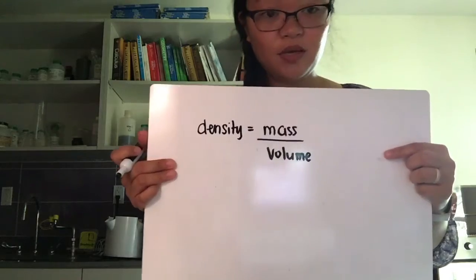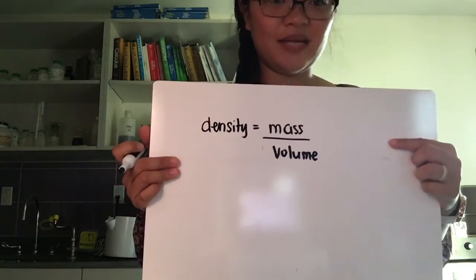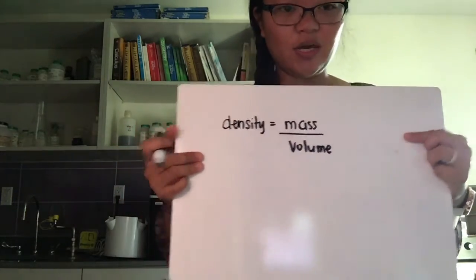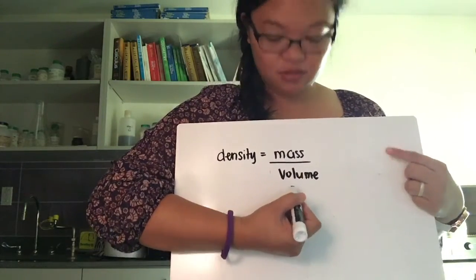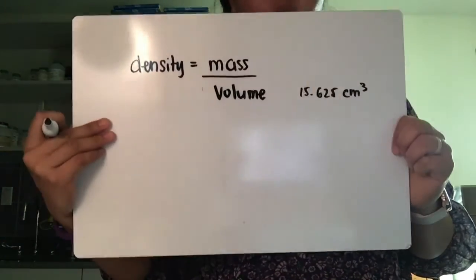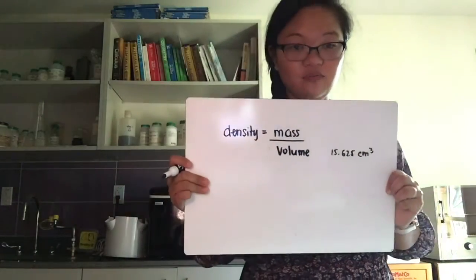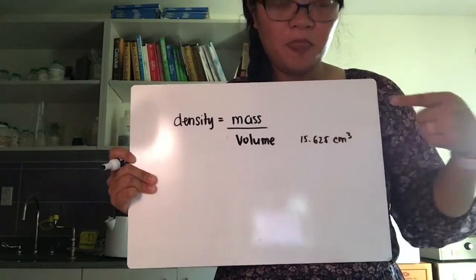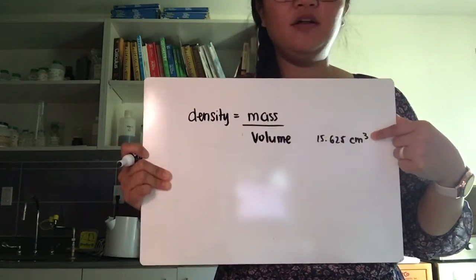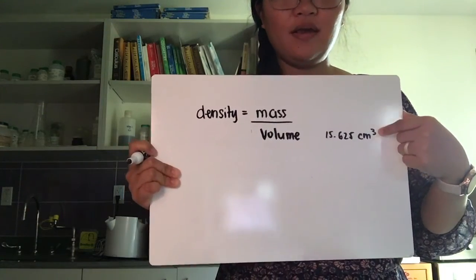You should have your mass now on your paper because we took it, and if you remember, our volume will be constant, 15.625 centimeters cubed for each of your objects. So to find the density of each object, you just write the mass that we took, divide it by the volume, and that's your answer.